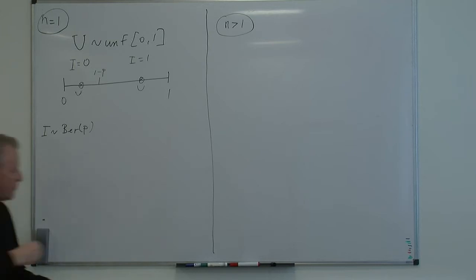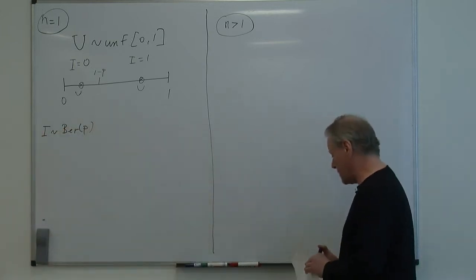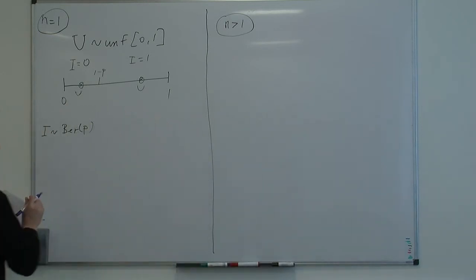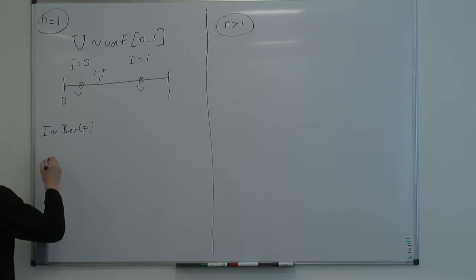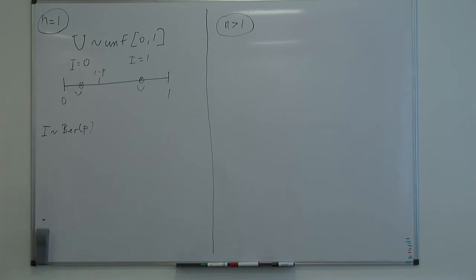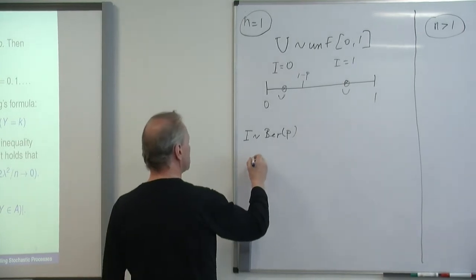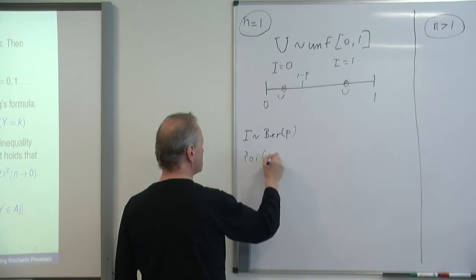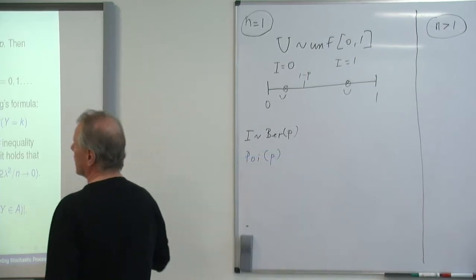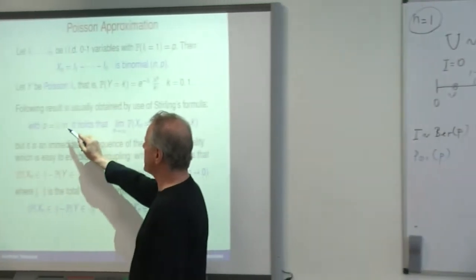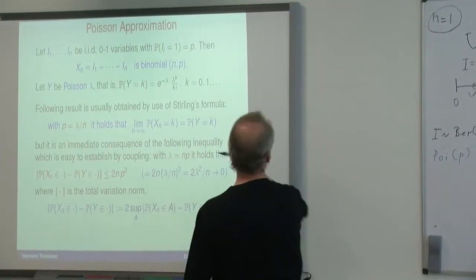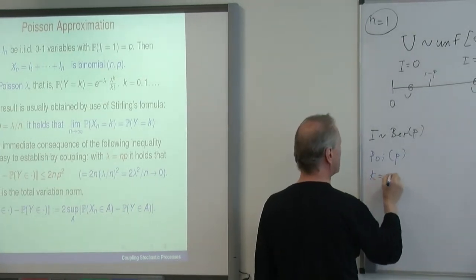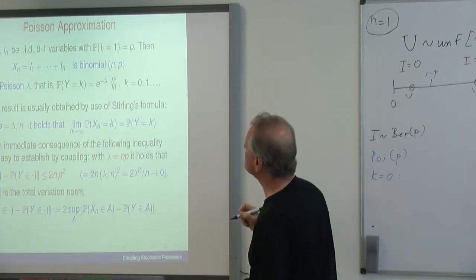Now, for the Poisson variable, the Poisson probability, if we have the parameter lambda equal to p, that would be the case when n is 1 here, when k is 0, the probability is what?